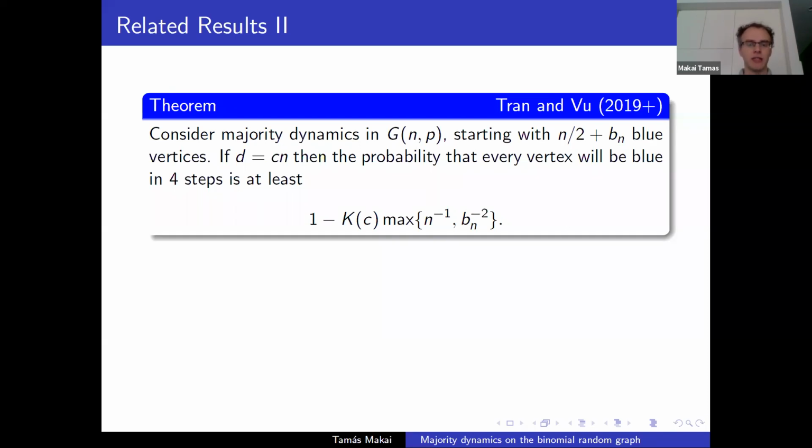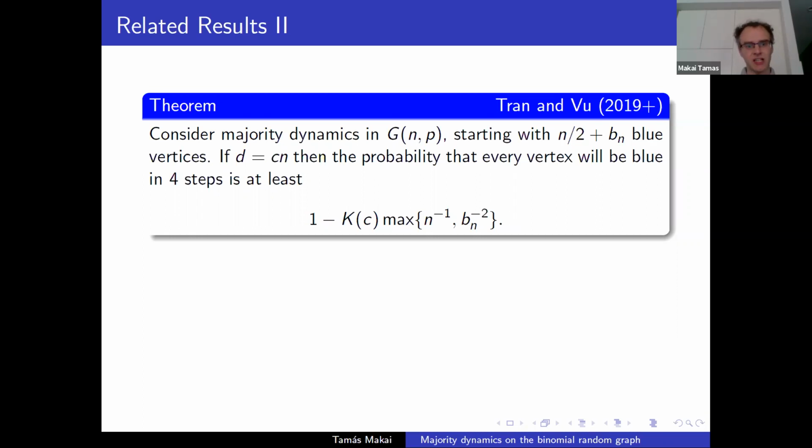And this probability basically depends on a constant which only depends on c, and then the maximum of 1 over n and 1 over b_n squared. So essentially what they say is that if the difference between the number of blue vertices and the number of red vertices tends to infinity, then with high probability every vertex will be blue after 4 steps.